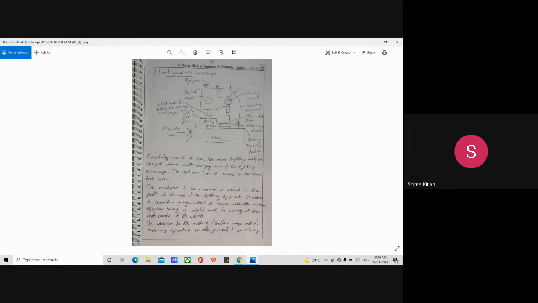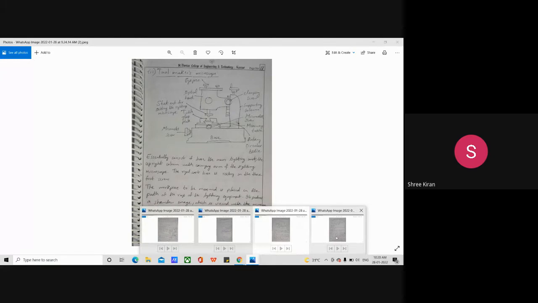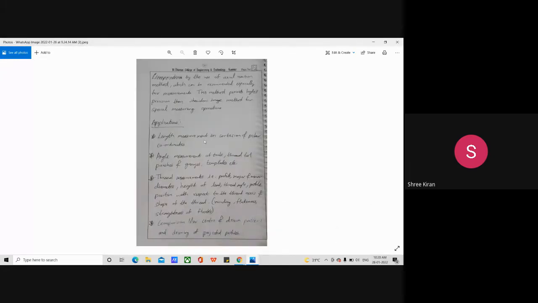Finally, we will note down the applications: length measurement in Cartesian and polar coordinates, angle measurement of tools, thread tools, punches, gauges, templates, etc. Then we have thread measurements, that is profile projector, major and minor diameter, height of the lead screw, thread angle, profile position with respect to the thread axis, shape of the thread, rounding, flatness, straightness of the flanks.